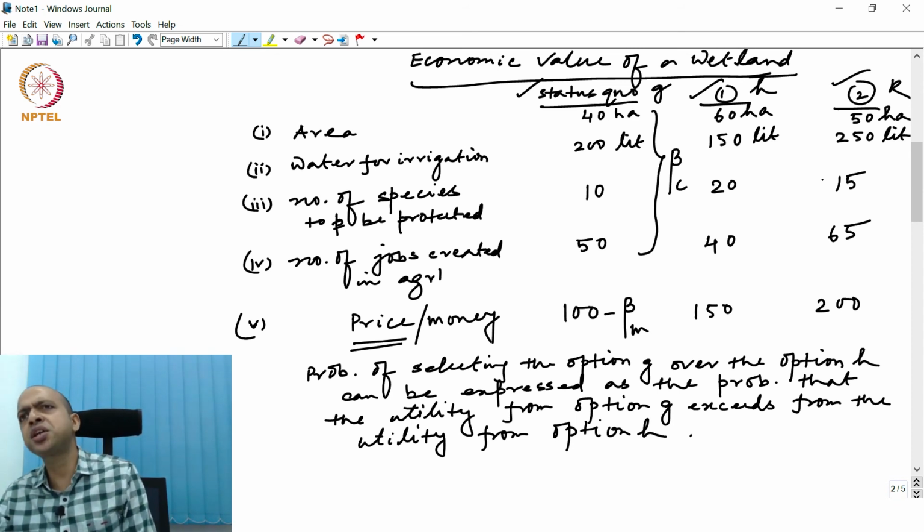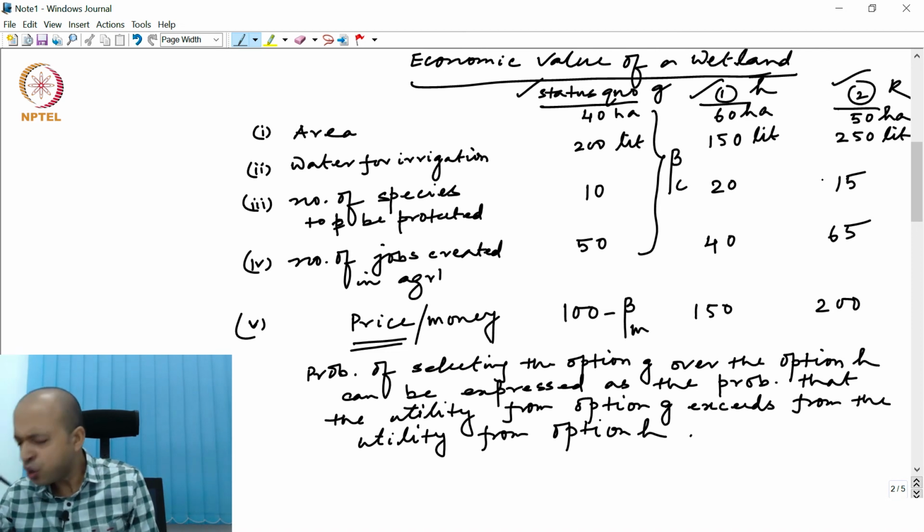We define a scenario and ask the respondent, would you like to pay 50, 100 or 150, which is very simple for the respondent to understand, and they will say yes or no. But it suffers from hypothetical bias. We may not be able to create the market efficiently. It suffers from strategic bias in the form of warm glow or free riding. That means the respondents may overbid to impress the interviewer, or they may underbid to enjoy free riding.